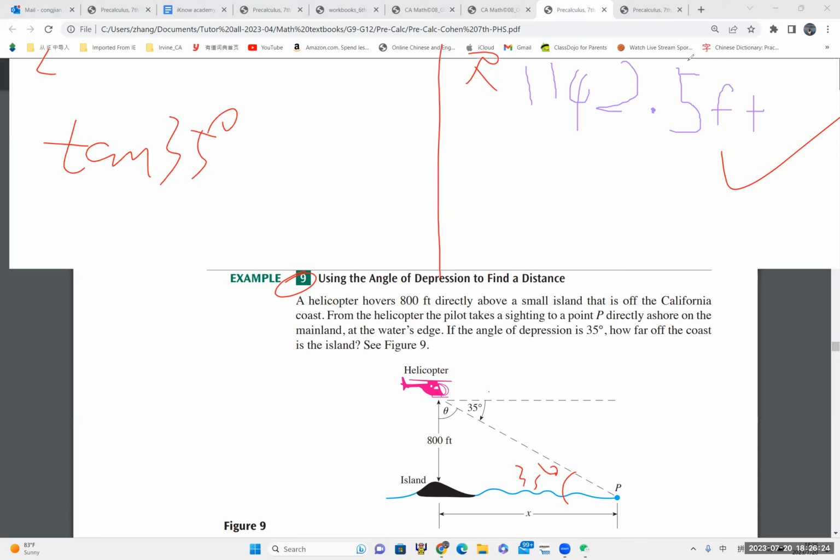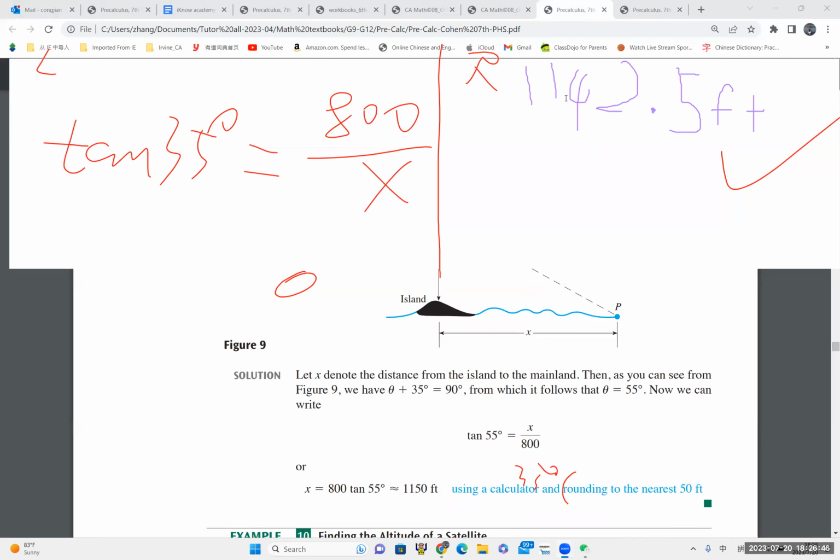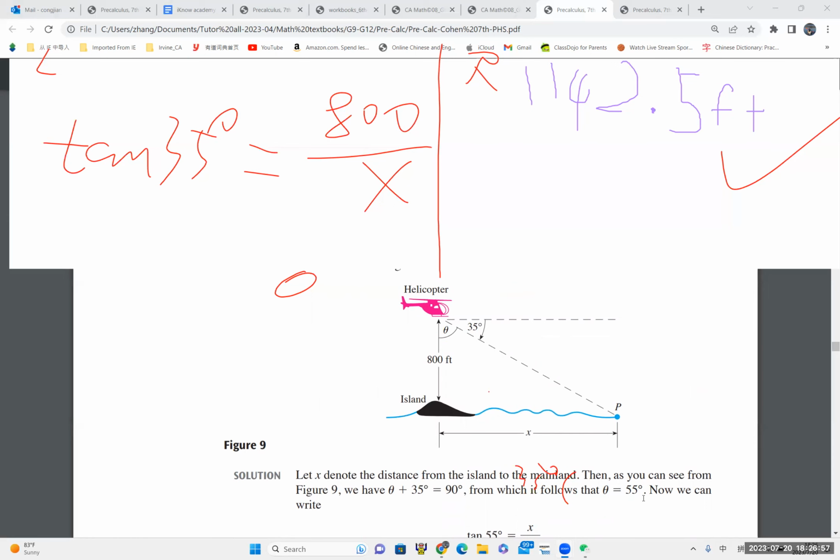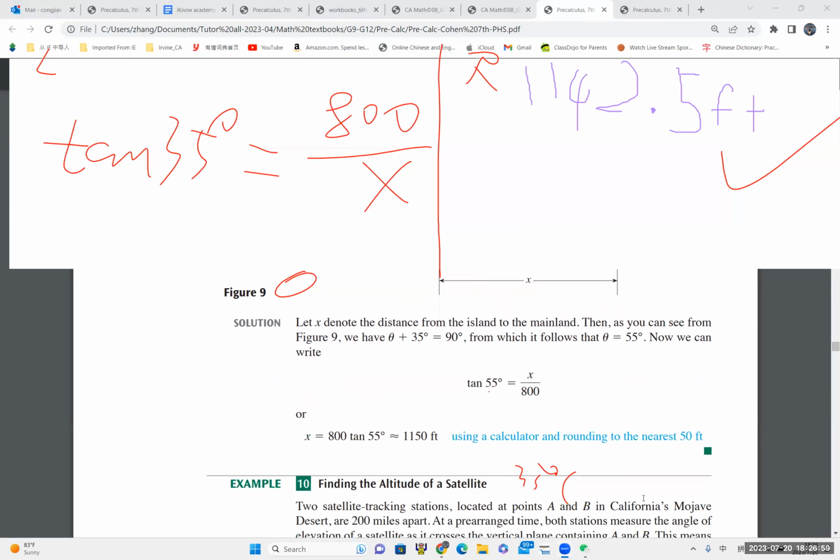I supposed it to be 55 degrees. Here it is 35. So yes, 55 is correct. But why get this answer?